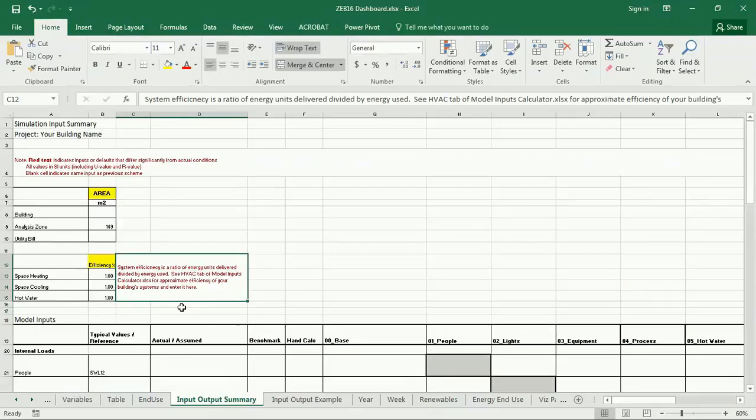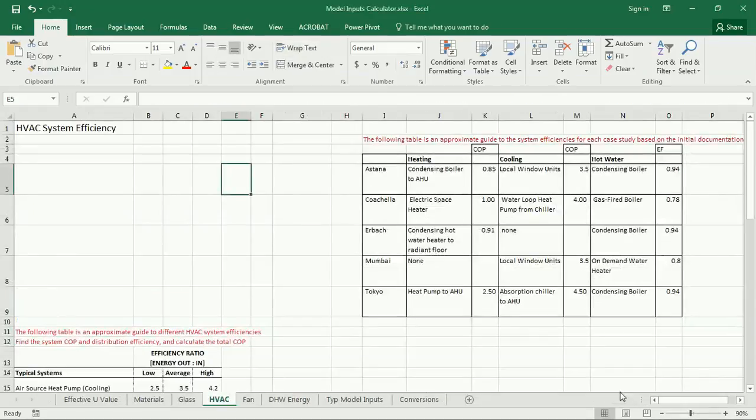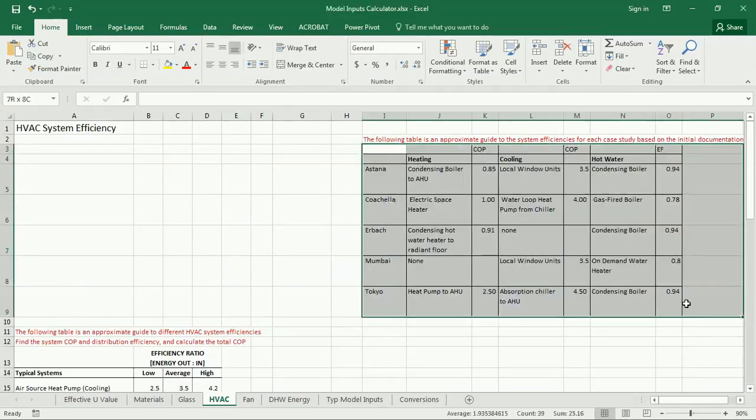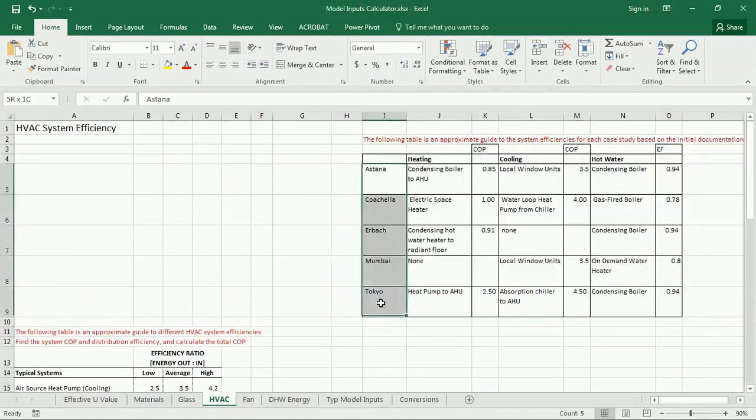See the HVAC tab of Model Inputs Calculator for approximate efficiency of your building systems, and then enter it here. So in the Model Inputs Calculator, if you go to HVAC, you'll see at the top here this table that lists each of your case studies and the heating, cooling, and hot water systems. And this is the best that I could estimate based on your documentation.